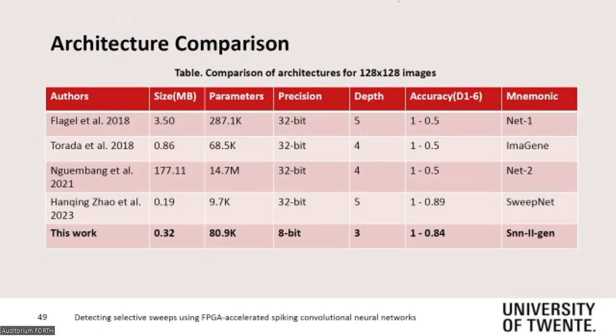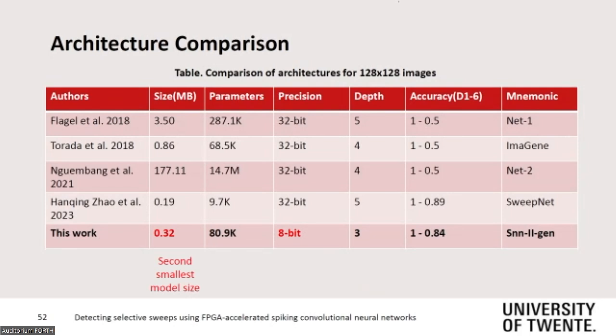So here first we compared our ICN architectures with other CNN architectures for an image size of 128 times 128, and from this table we can observe that we only have 3 layers, which is the shallowest depth among all the CNN architectures, and we have about 80,000 trainable parameters, which is a median amount of parameters among all the architectures.